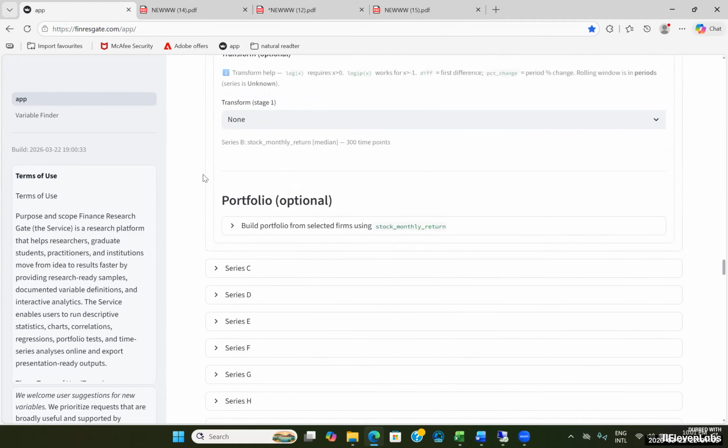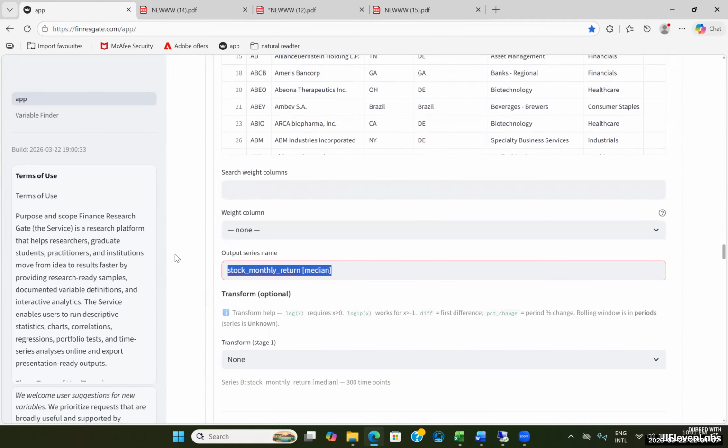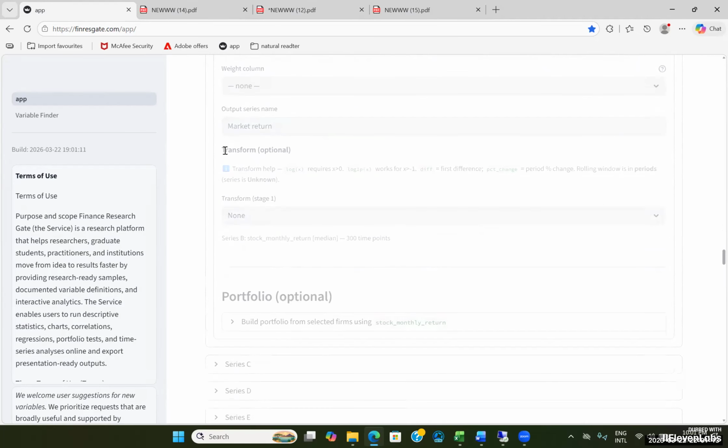We have the variable. It's important that we rename it, and its new name will be market return. To ensure this modification is applied, simply click anywhere outside the input box, and the change will be enacted.